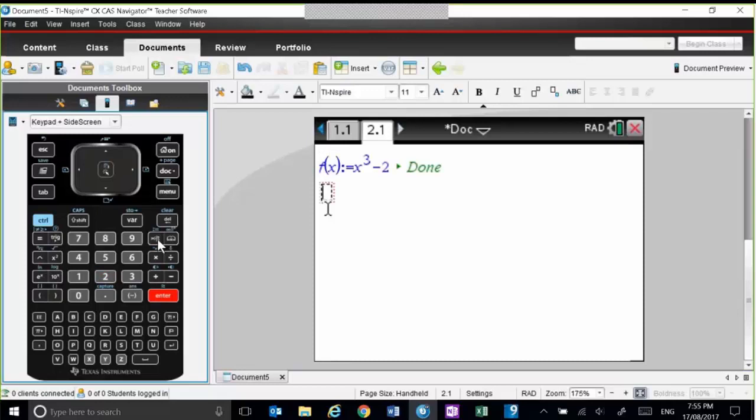Okay, now what we need to do is work out the minimum distance. So I'm going to now define a distance formula.